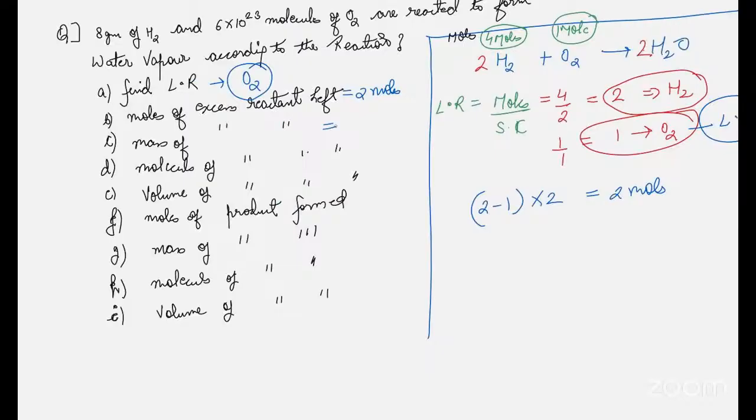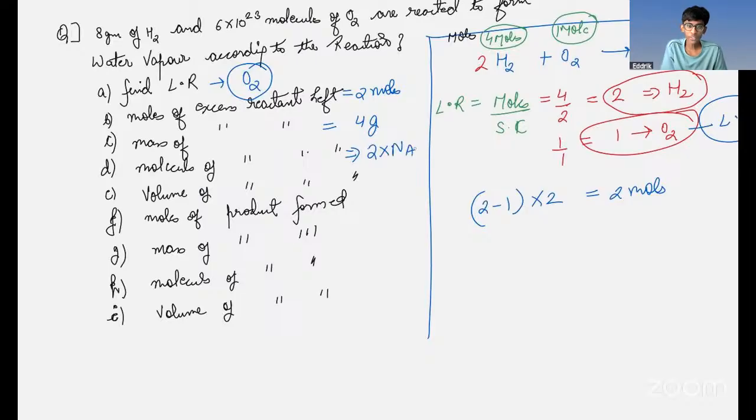Now, mass of the excess reactant. So, excess is hydrogen and 2 moles is there. So, 2 into 2 is 4 gram. Now, molecules: moles is 2 and you multiply by Avogadro number, you get the molecules, 1.2 into 10 to the power 24 molecules.